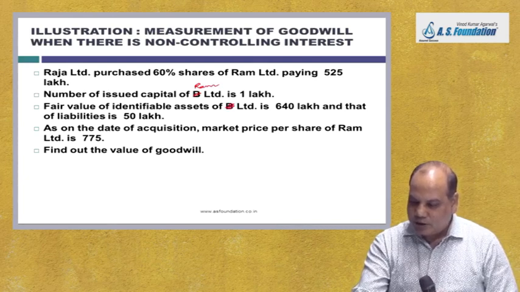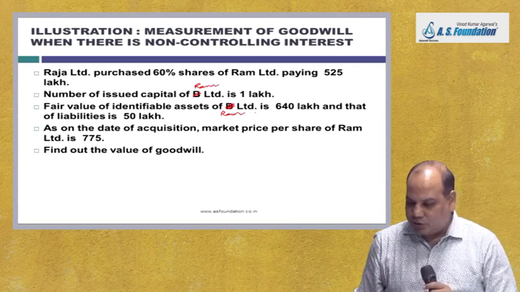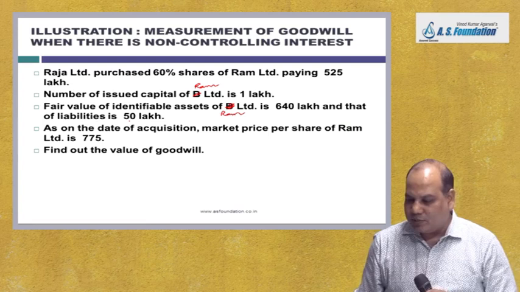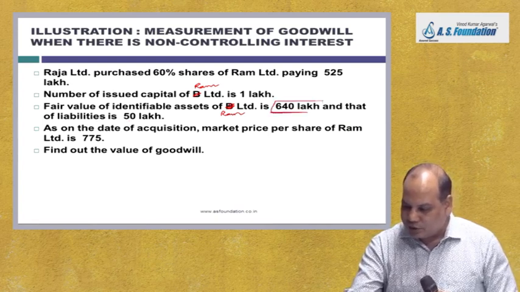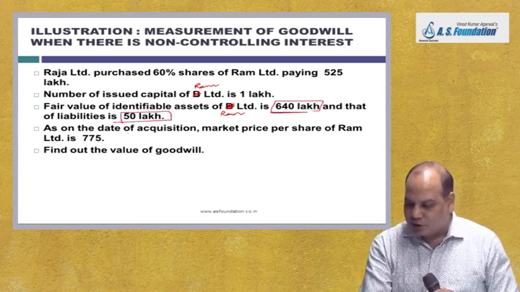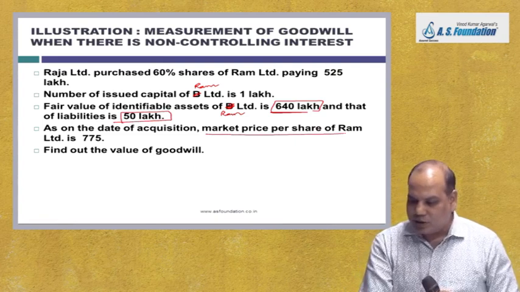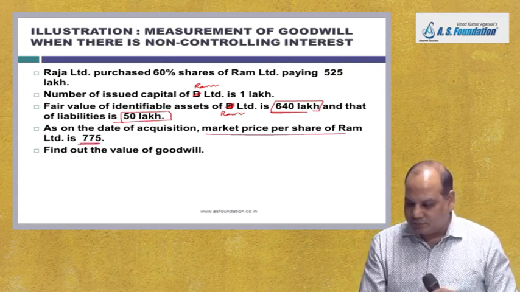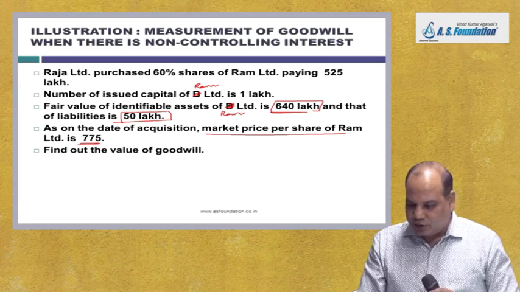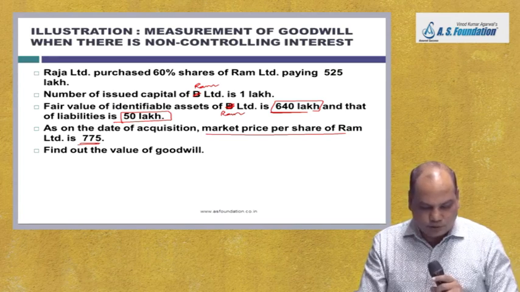Fair value of identifiable net asset of Ram Limited is 640 lakh, and that of the liability is 50 lakh, so you have to take the difference. On the date of acquisition, the market price is 775. Find out the value of goodwill.